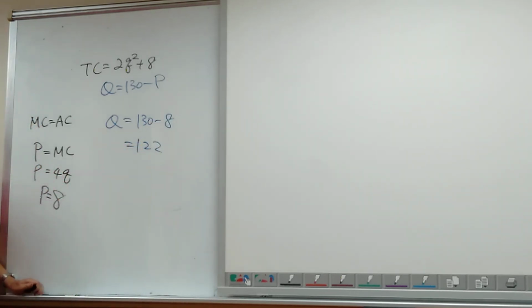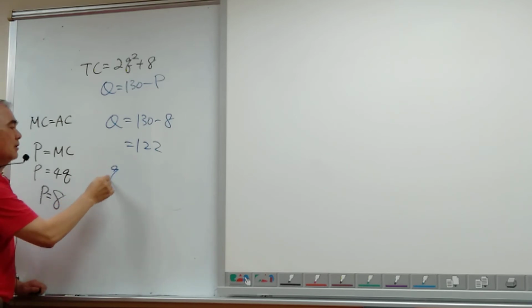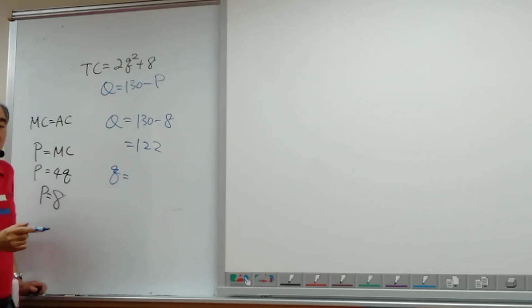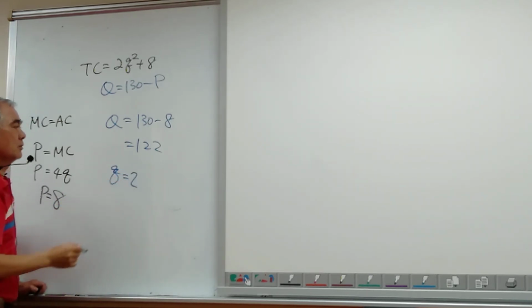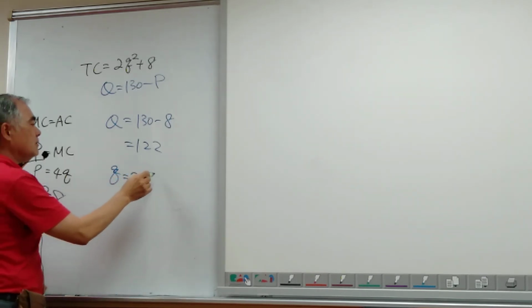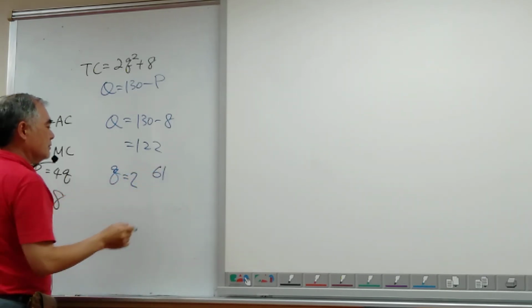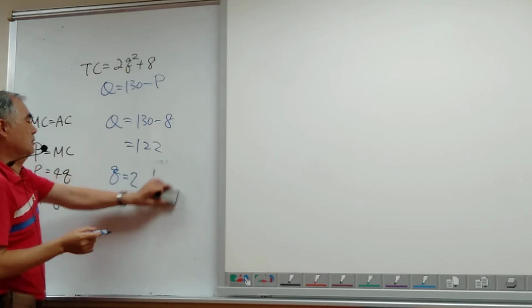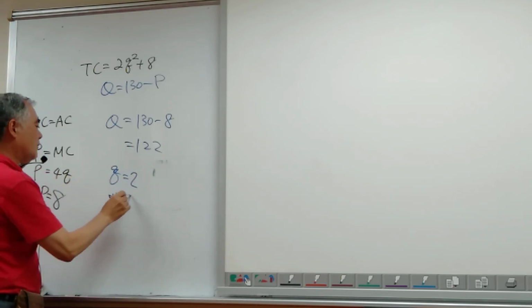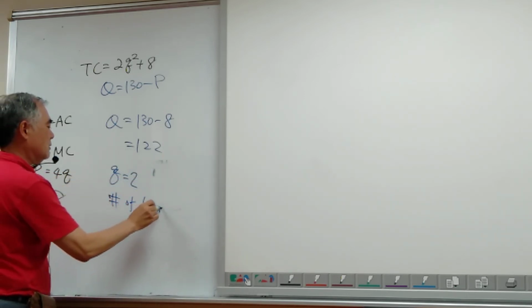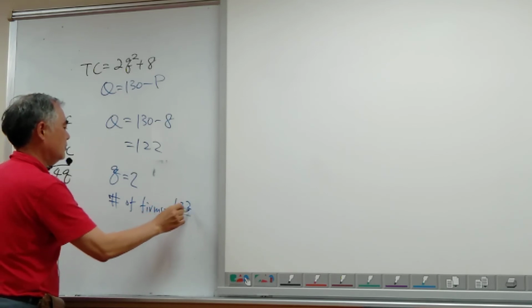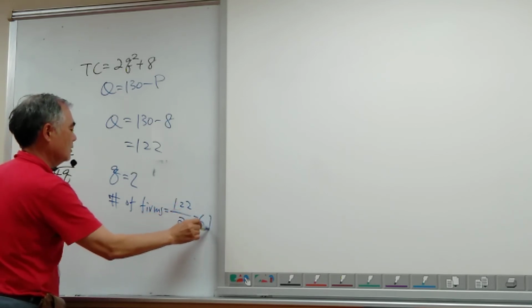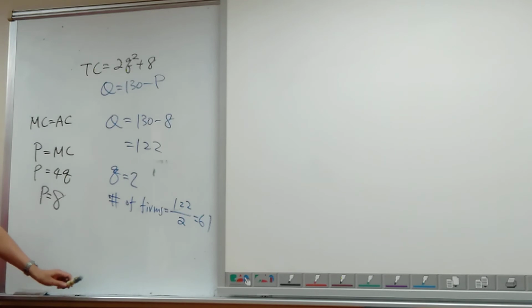And we get the individual production level is equal to 2. So what does that mean? That means you have 61 firms. The number of firms is equal to 122 divided by 2, so you get 61. So in the long run equilibrium, the price will be equal to 8.